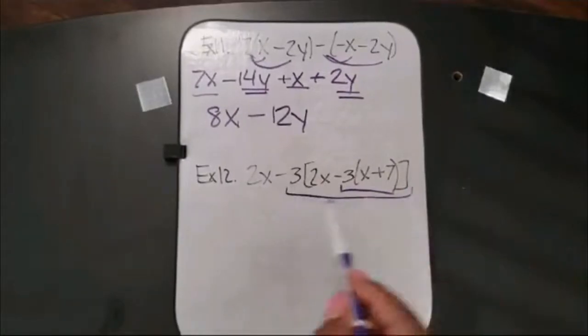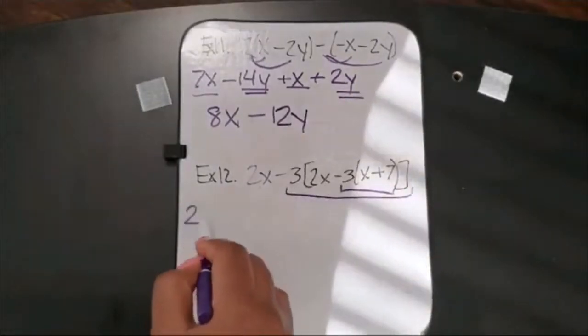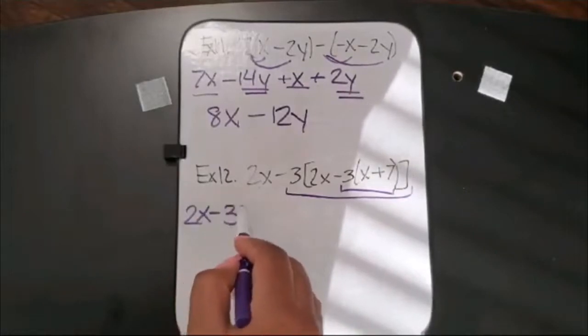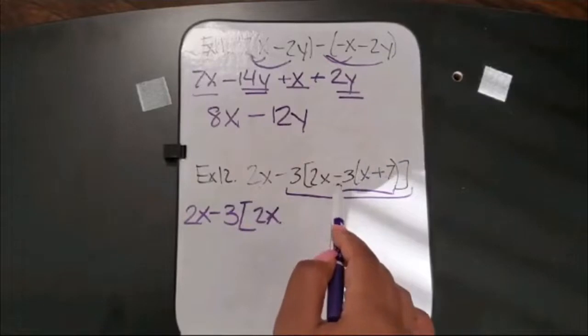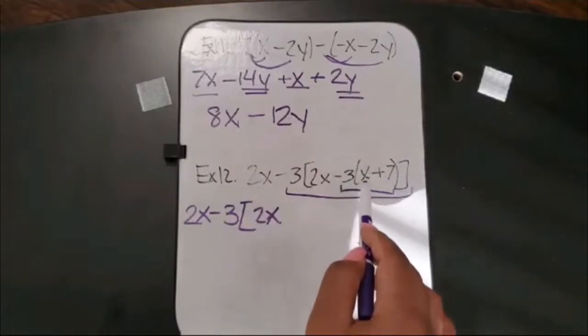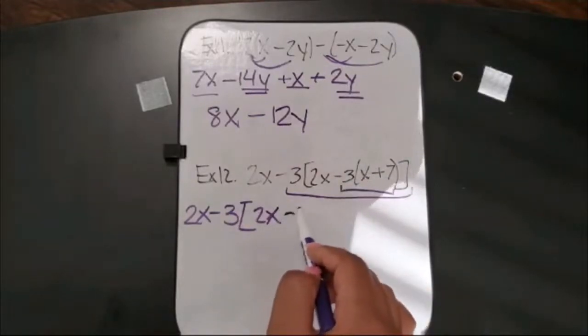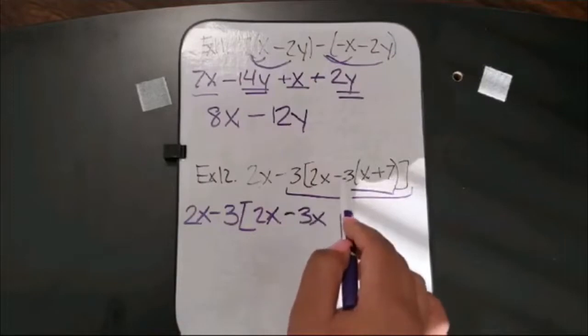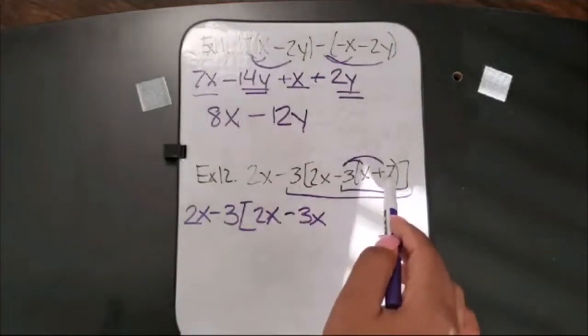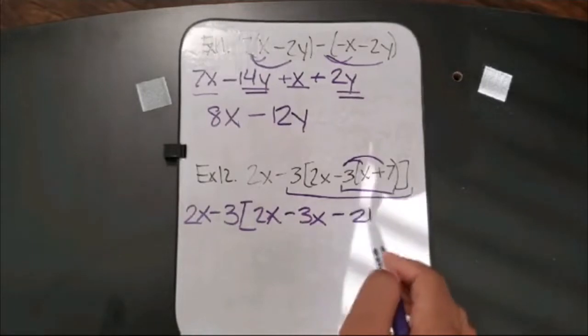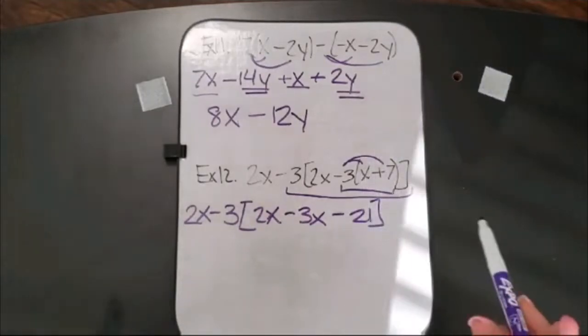All right, so I'm just going to copy everything down. Now I'm going to take this negative 3 and multiply it by the x, and it's going to be negative 3x. And I'm going to take this negative 3 and multiply it by the 7 and get negative 21.